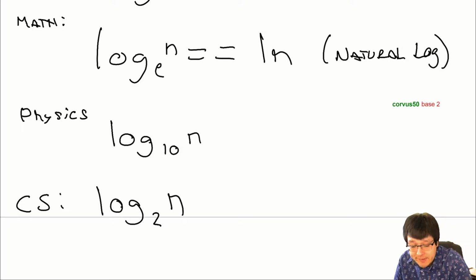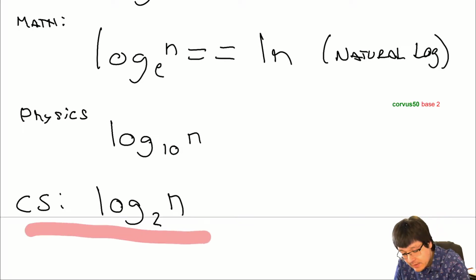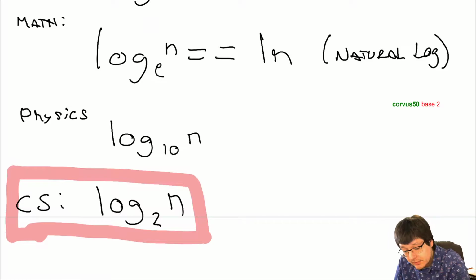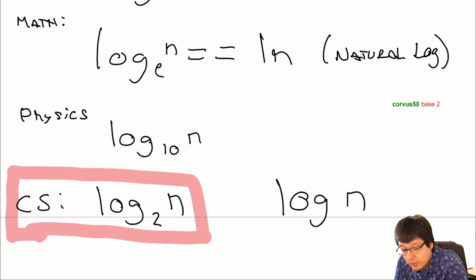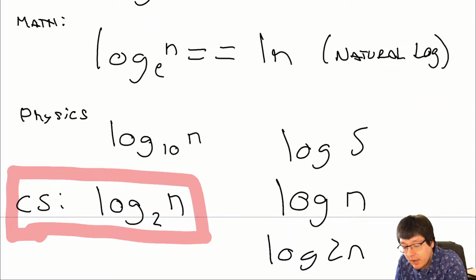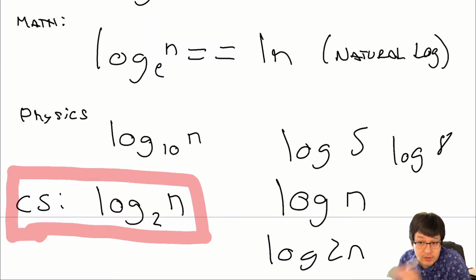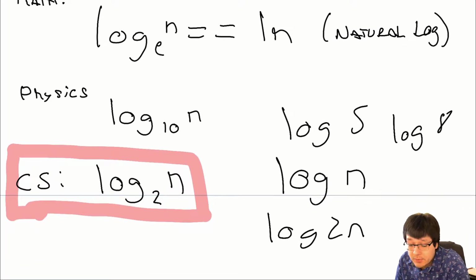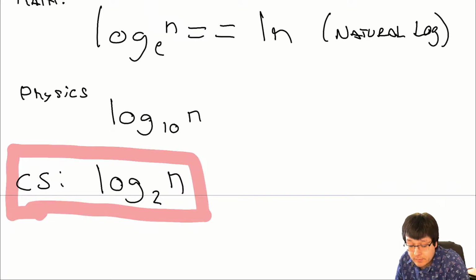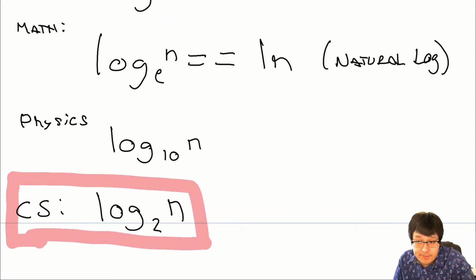So whenever you see in this class something of the form log n, or log 2n, or even just log 5 or log a, if you don't see me put a base on these logs, because logarithms always need a base, then you can safely assume we are talking about base 2. So log base 2.